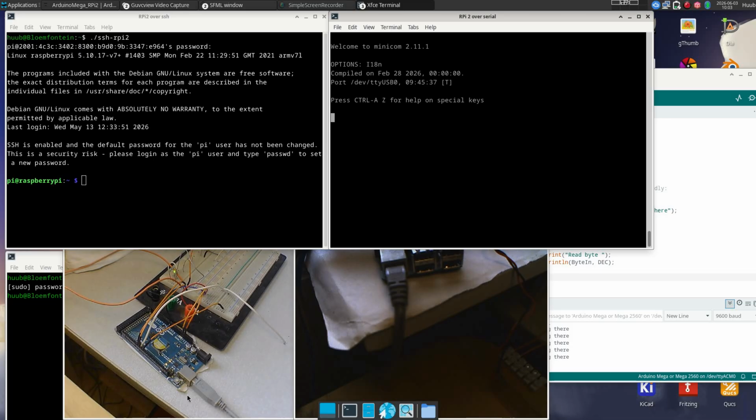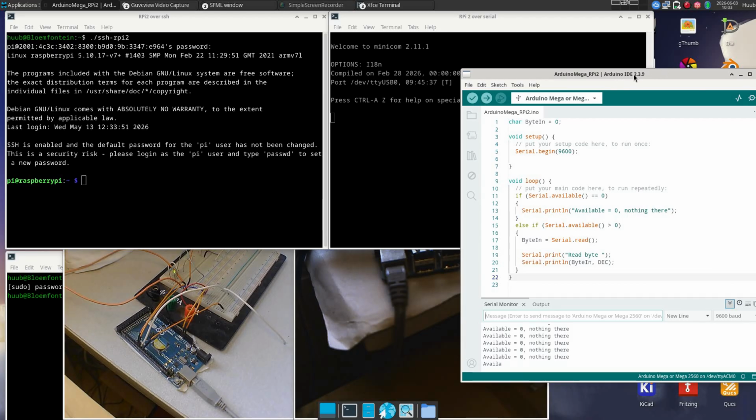Then, first thing I do is obviously connecting to the Arduino, and in the process I got a message that I could update it, but also the message that I could not connect to the board.